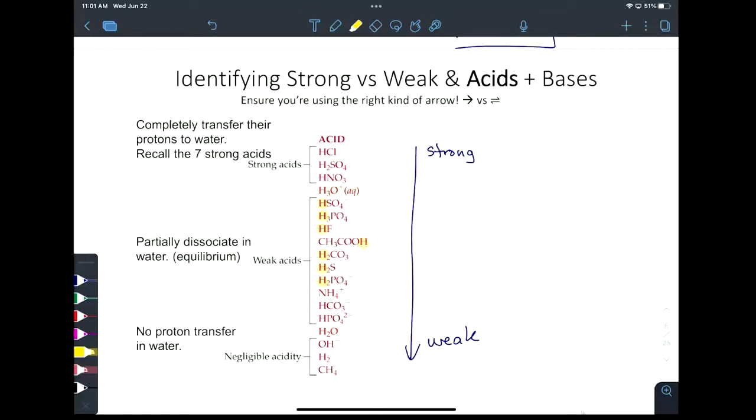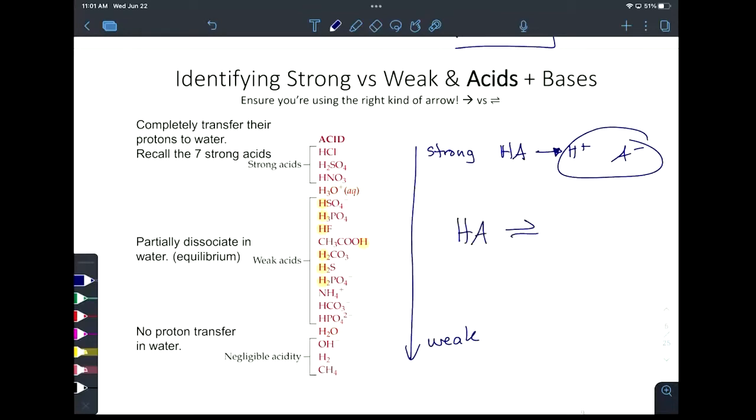Only some of them pop off. Versus strong acids, you think HA, big arrow, H+, A-. Only these ions are in solution. Versus weak acids, and I'm just generalizing here, all three of these substances will exist in your solution.